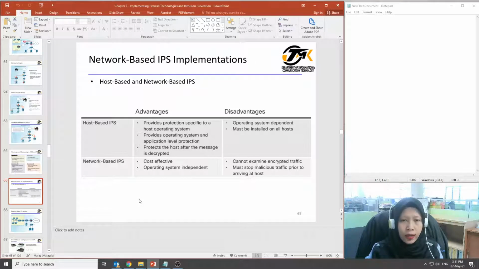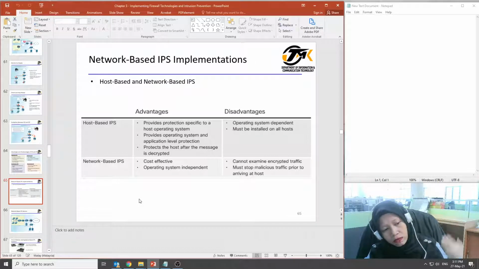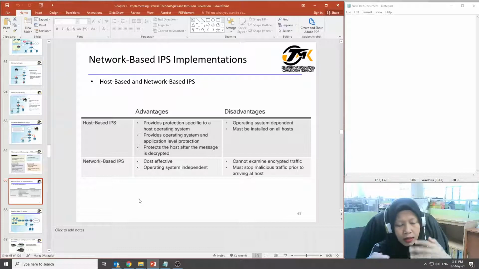The disadvantage is that it cannot examine encrypted traffic. It must stop malicious traffic prior to arrival at the host. Before the attack packet arrives at the host, network-based must be able to stop the attack. This is for network-based.